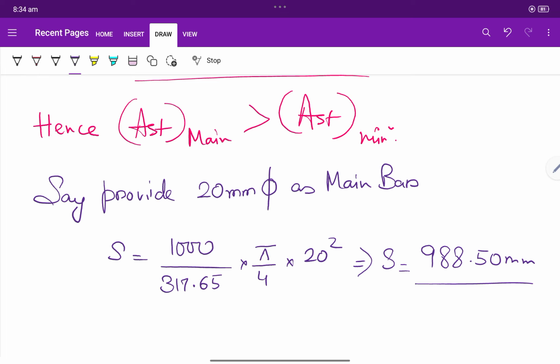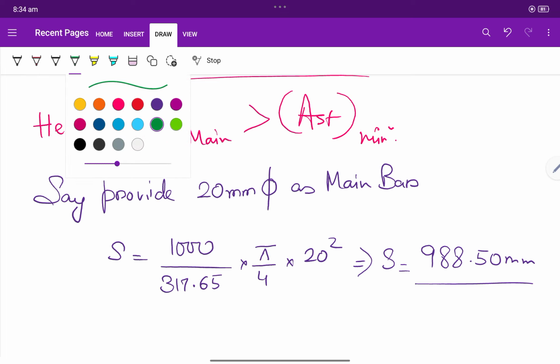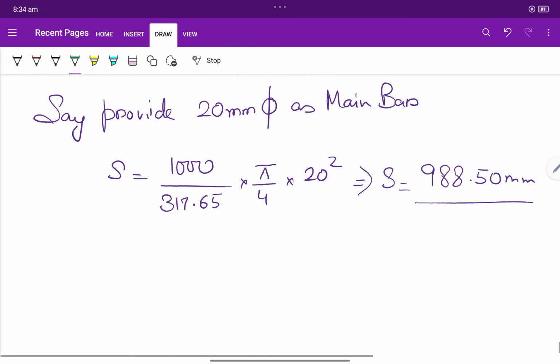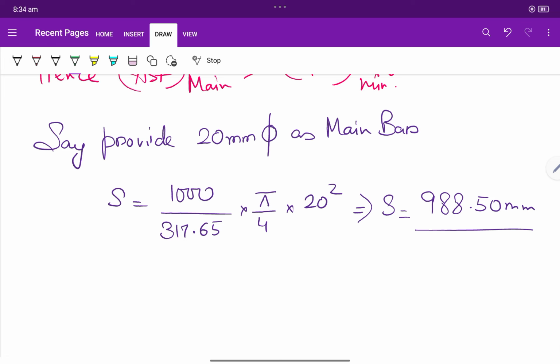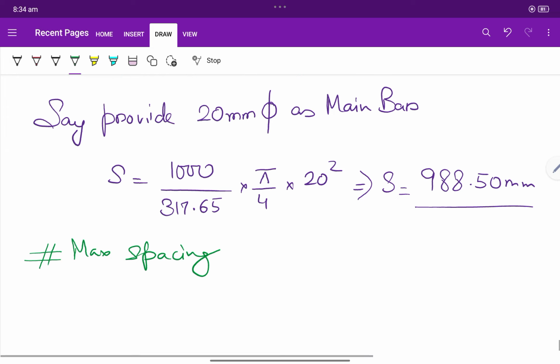Okay, so now what we have to do, we have to check for the maximum spacing as per IS 456. So max spacing for main reinforcement.